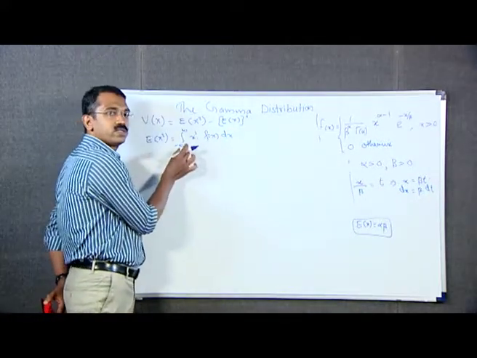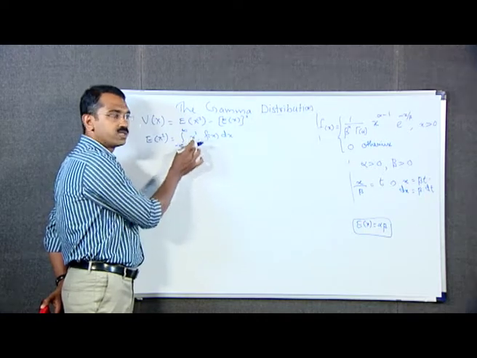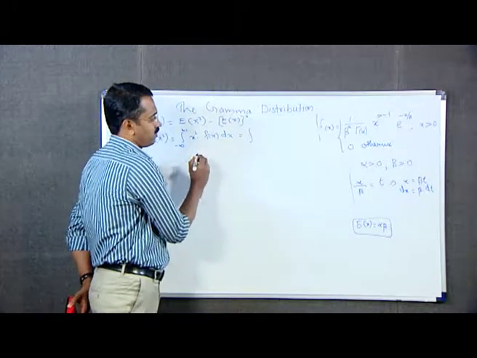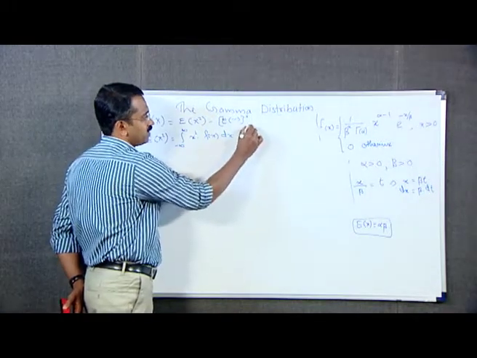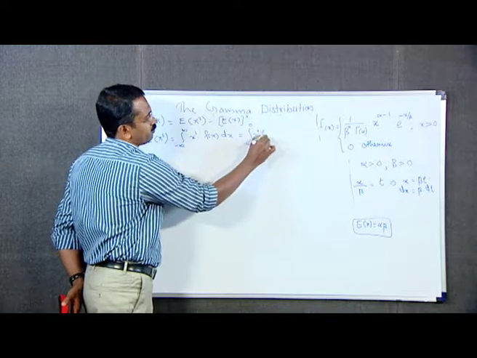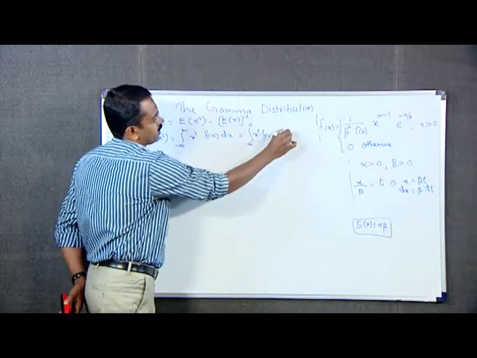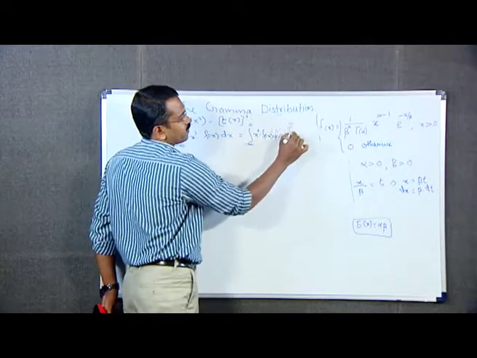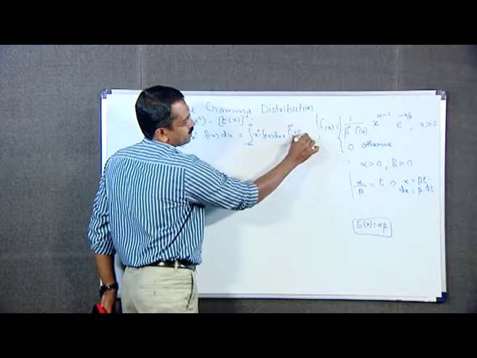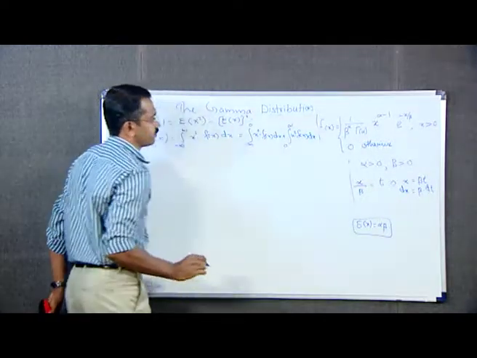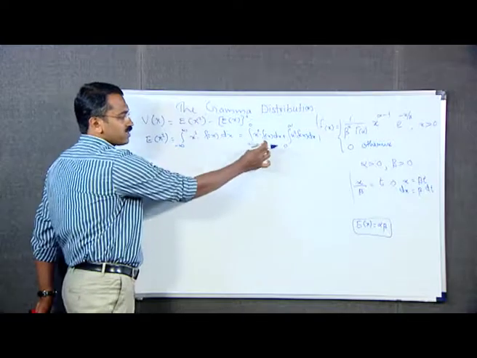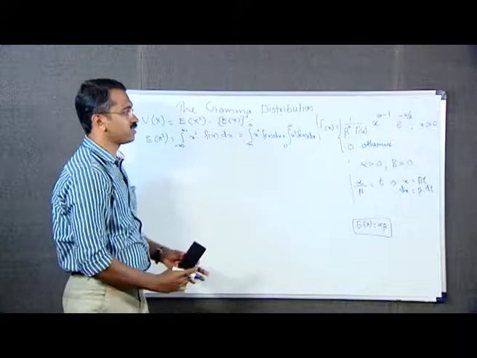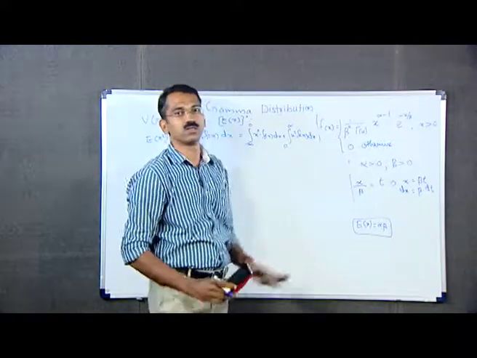We split this integral from minus infinity to infinity into two integrals as integral from minus infinity to 0 x square into f of x dx plus integral from 0 to infinity x square into f of x dx. In this case, when the value of x is less than 0, the function f of x is defined as 0.